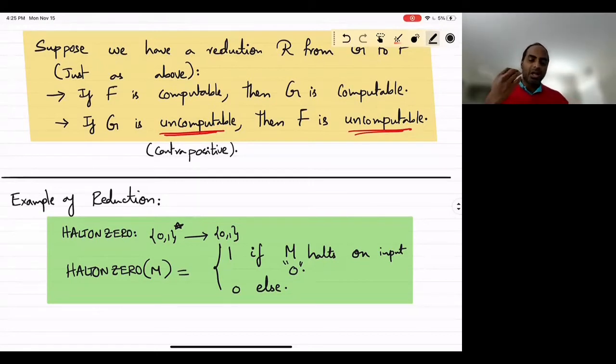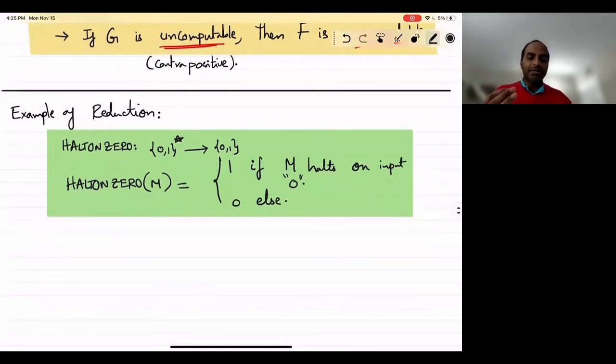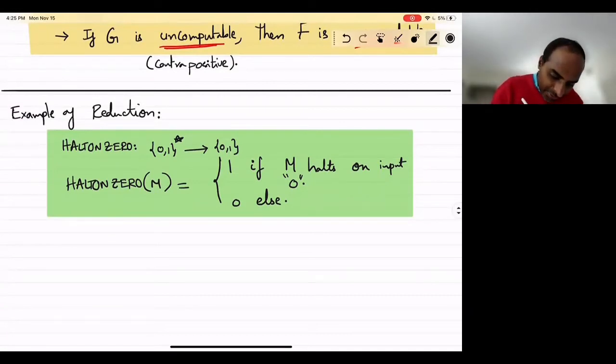So this is different from halt, right? The halt problem takes a specific input, but here you're only interested in the behavior of halt on 0.